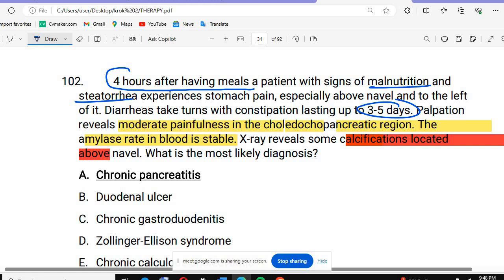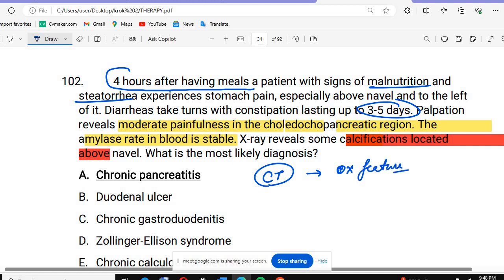So remember, in chronic pancreatitis, firstly we do the CT scan. What diagnostic features will be seen in the CT?